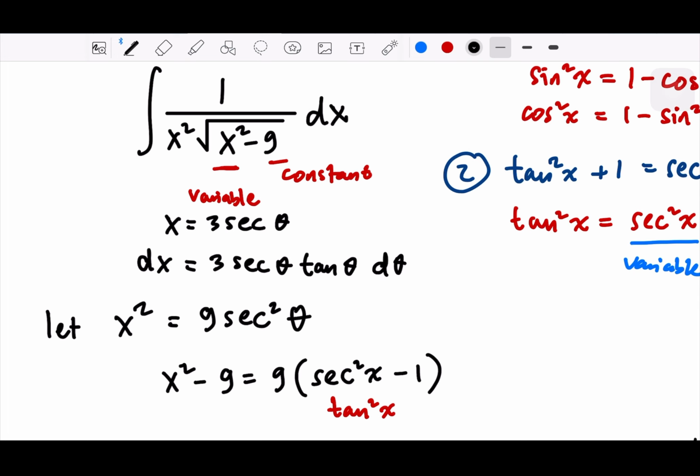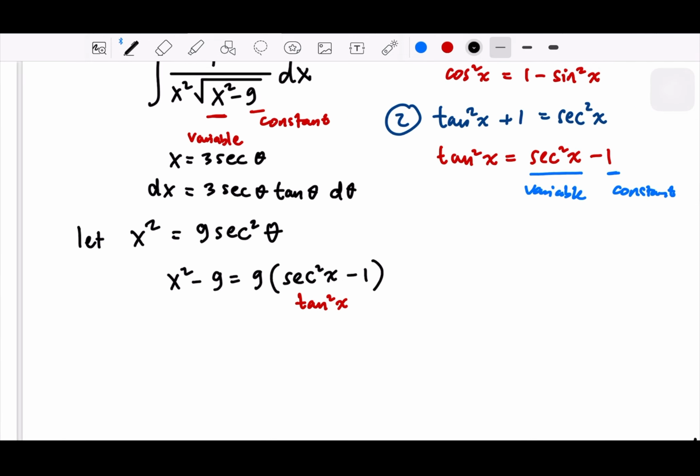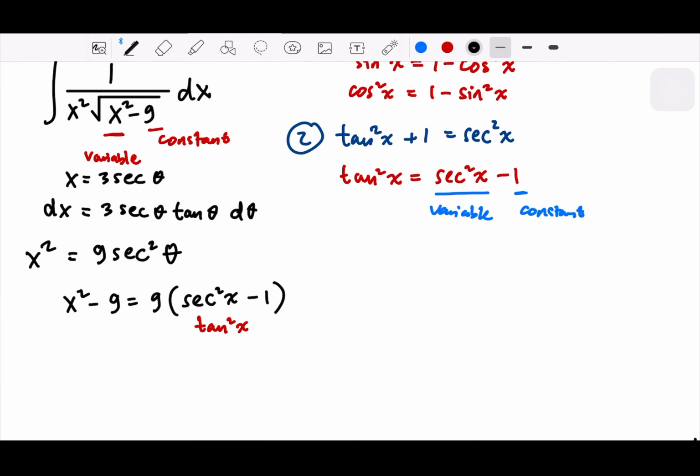Okay. So the equation, let me maybe rewrite here. So the integration, let me write the whole thing.